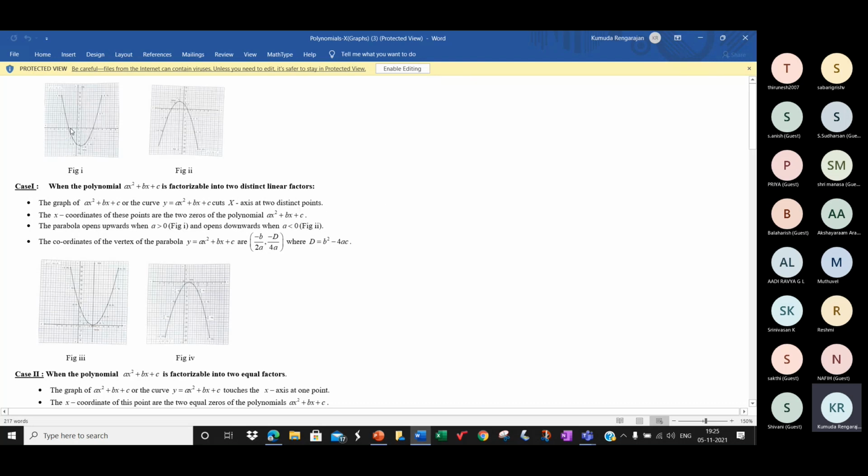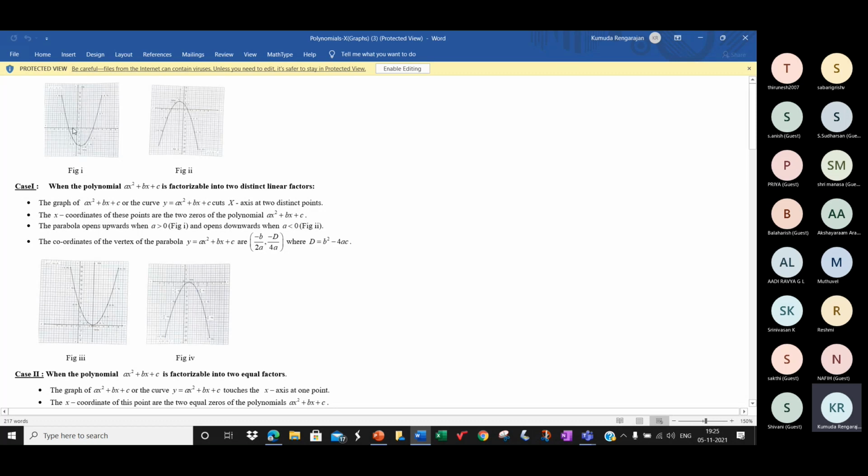You can see here, it cuts the x-axis at two distinct points. Don't see where it meets the y-axis. We are not bothered about that. We are only concerned about where the parabola intersects the x-axis.